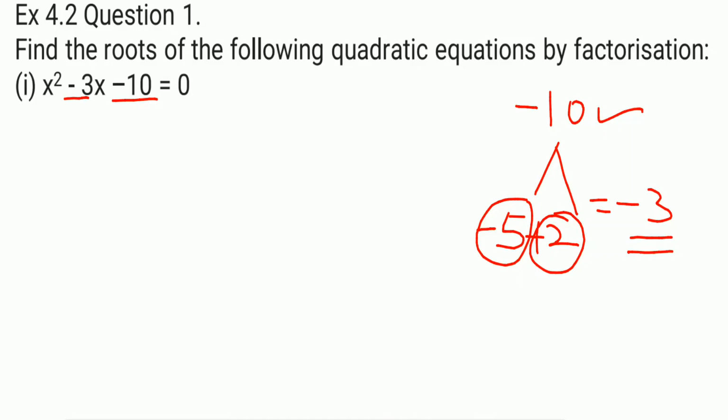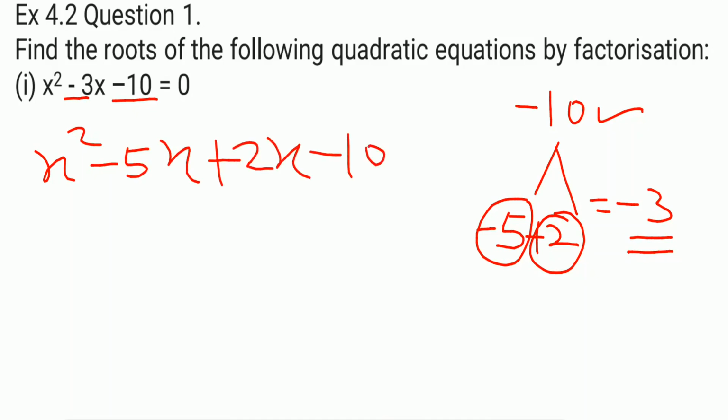Okay. So now x square, here minus 5x plus 2x minus 10, which is equal to 0. What I did? This one, I split the middle term. So minus 5x and plus 2x, it became minus 3x. Right? Now from the first two terms, I will take x common.